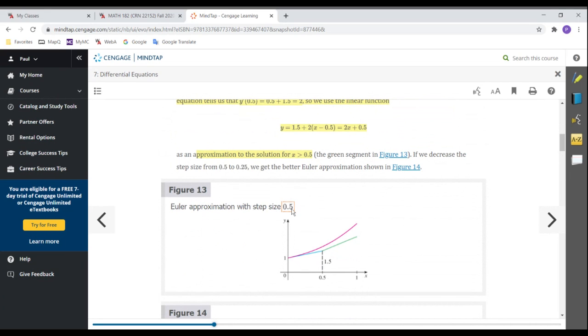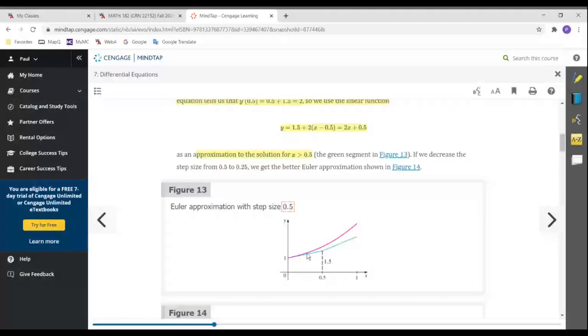I have to be a little careful how I phrase it. What they've done is, from 0 to 0.5, they graph the linear approximation y equals x plus 1. But between x equals a half and 1, they graph the linear approximation y equals 2x plus a half.